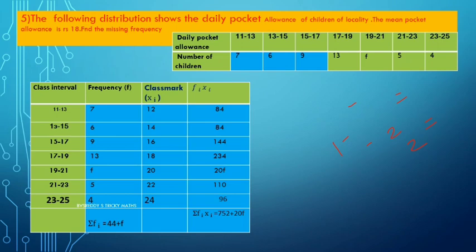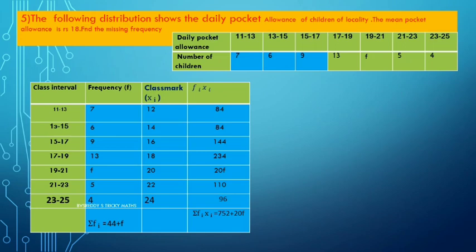And we have to add the fi xi, and it gives 752 plus 20f. I add the frequency also, that is sigma fi, 44 plus f. So we have to find these two values, sigma fi xi and sigma fi.